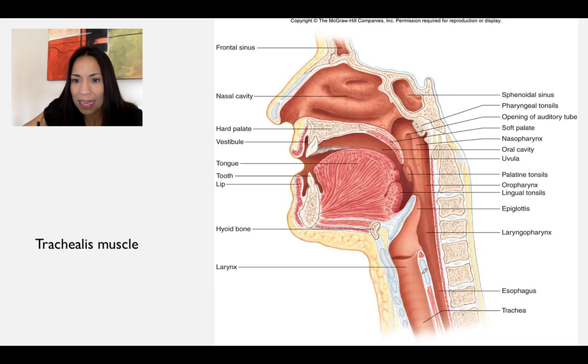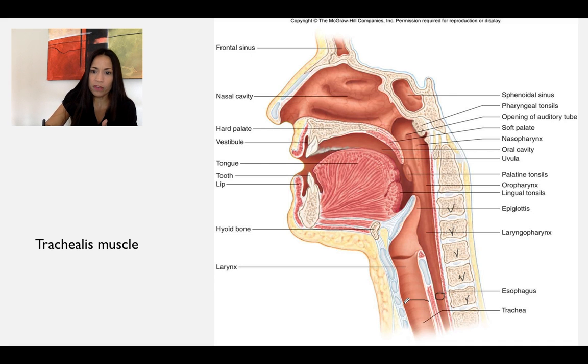Okay, so again, this is a sagittal view. Here we can see the sagittal section of all the vertebrae. Right in front of that, this is the esophagus, that's posterior, and in front of that, this is the trachea that you can feel here in the anterior aspect of your neck. Now, this muscle is the trachealis muscle, the one that I was describing in the other slide.